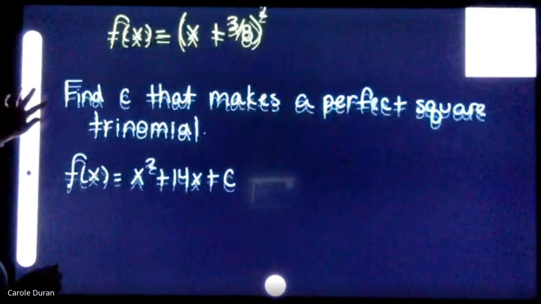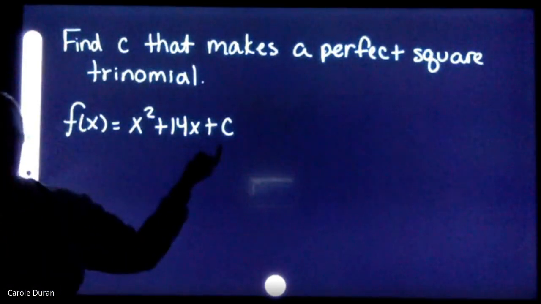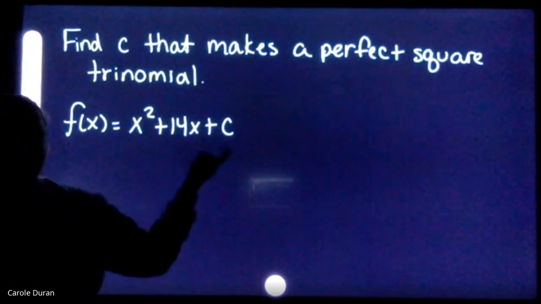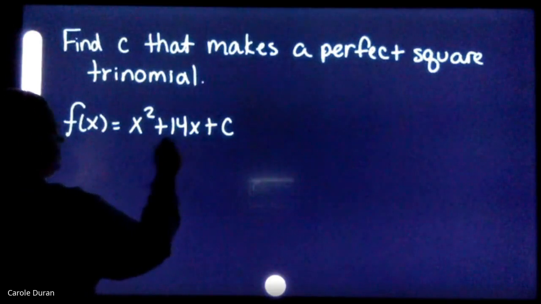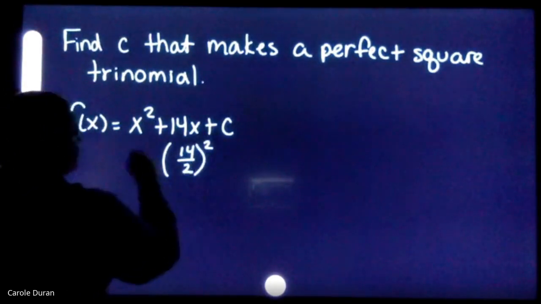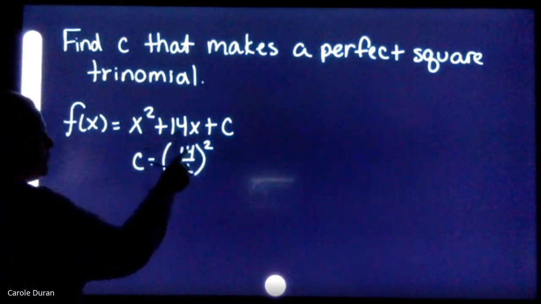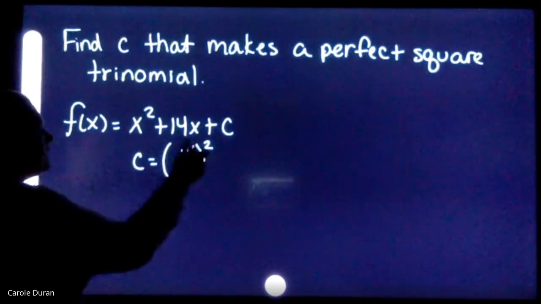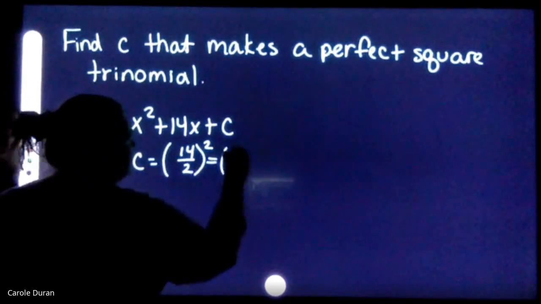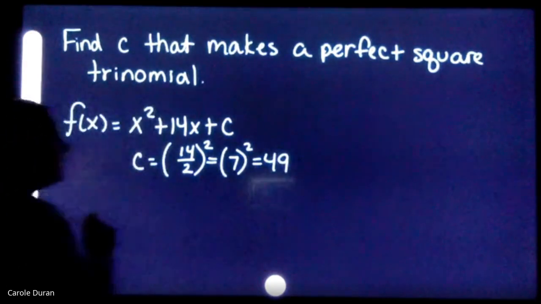I know this is a perfect square trinomial, so I need to find what the c value is. This c value is always going to be whatever half of my middle term was squared. So c here would equal my middle term 14 divided by 2, and then squaring that answer. 14 divided by 2 is 7, and 7 squared is 49.